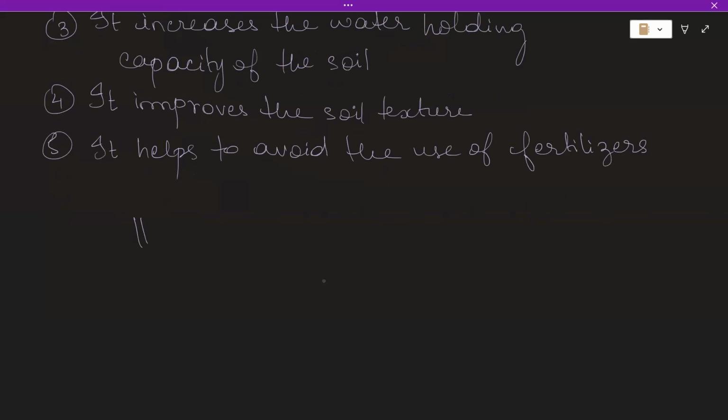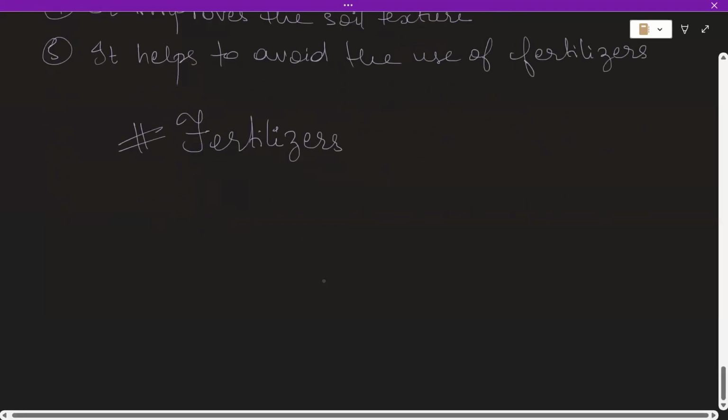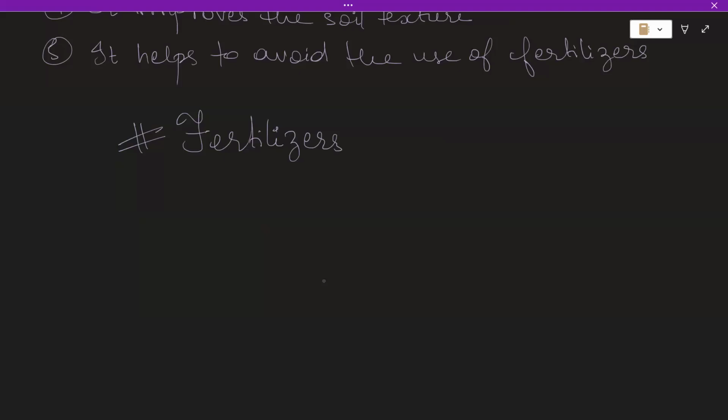Fertilizers are chemicals that are used to enrich the quality of the soil. They are chemicals that are commercially produced in the factories and used as plant nutrients.